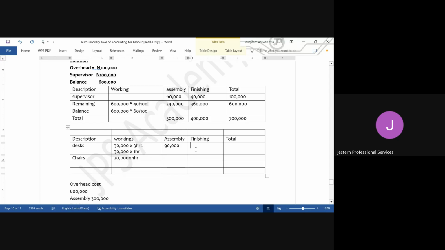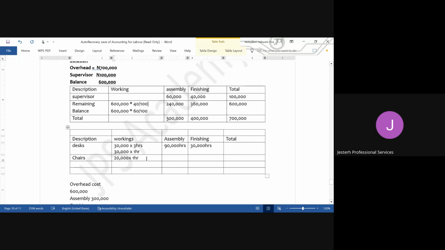Okay, let's continue. It means we are going to have 30,000 multiplied by 1, so in this one we have 30,000 hours. Now, 90,000 hours. Then you come to this place too. Our chair takes 1 hour to produce.